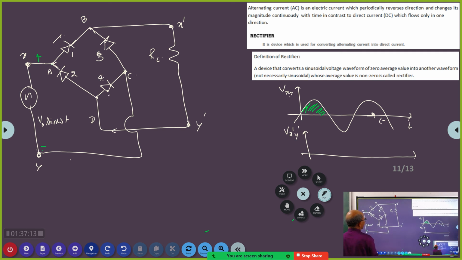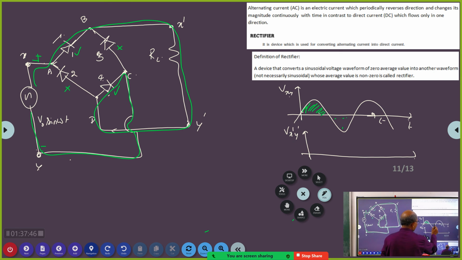Therefore, during this positive excursion, this diode and this diode will become on, and the current will flow like this. Correct? Yes, sir. And these 2 diodes are off.